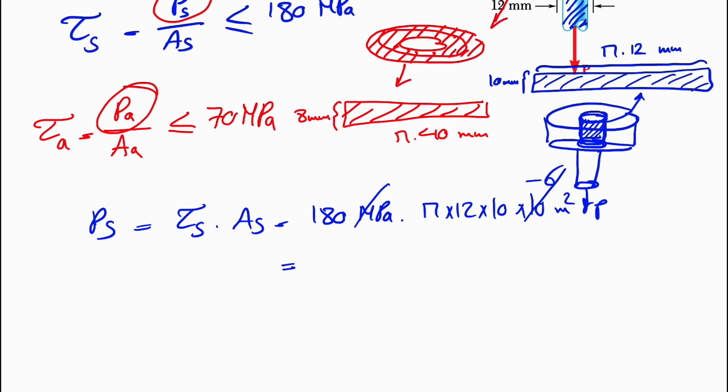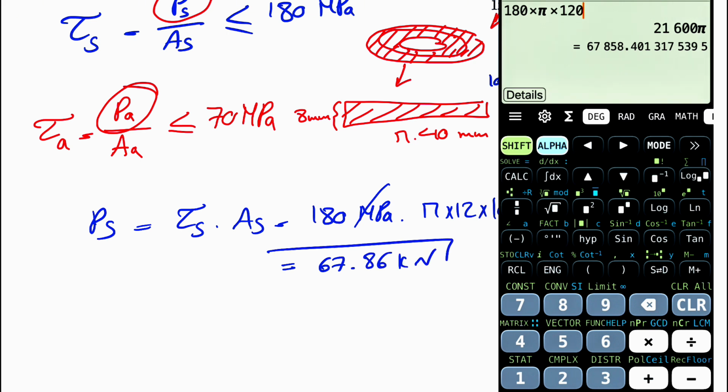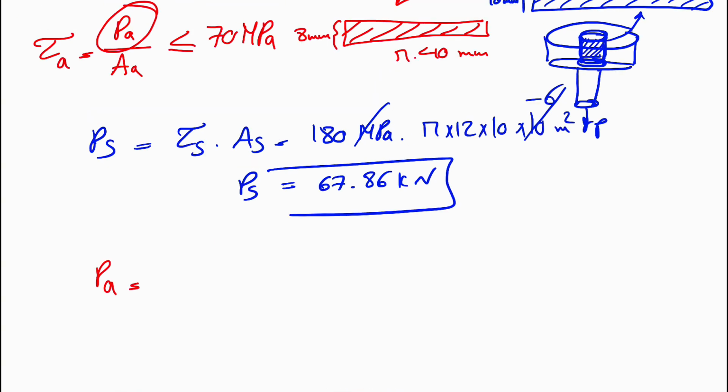Now let's pull up our calculator. 180 times pi times 12 times 10, and that's going to give us 67.86 kilonewton. That's the force in the steel. Now let's move on to the force in the aluminum. Again, we have the same thing: shearing stress in aluminum times the area.